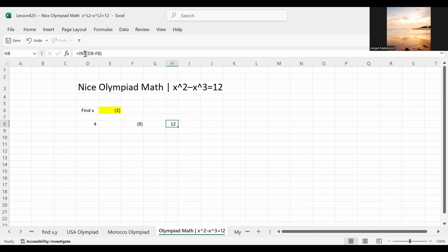So by using the integer function, you have simplified the job of goal seek, and it all depends on how you are formatting and targeting the solution in a simplified manner, right? Your formulas should be appropriately placed, so then you will be able to reach the desired solution.